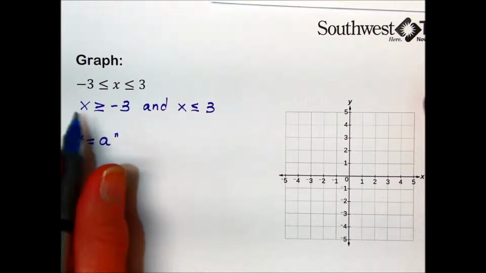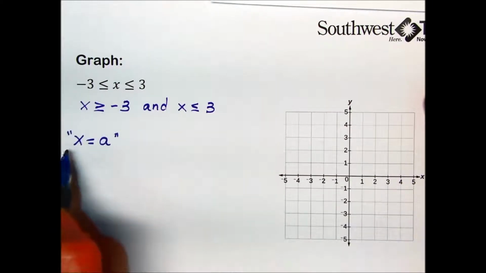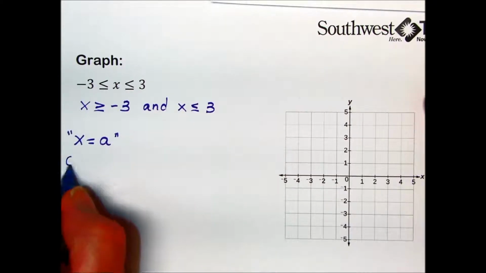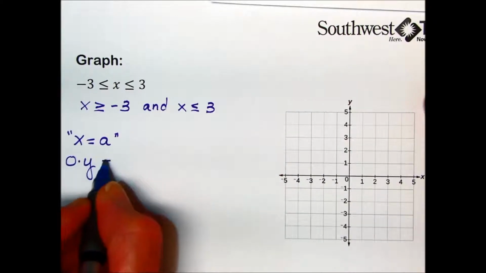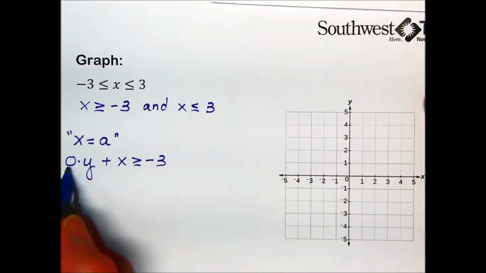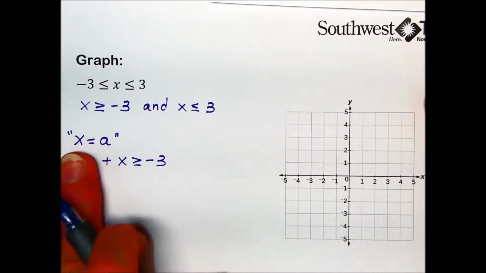Great. If you are plugging values in to come up with your equation to graph here, there's no y value here. We can put a y in. If I put 0 times y plus x greater than or equal to -3, the 0 times y is still 0 and gone.